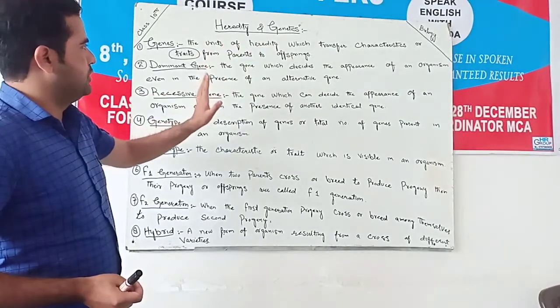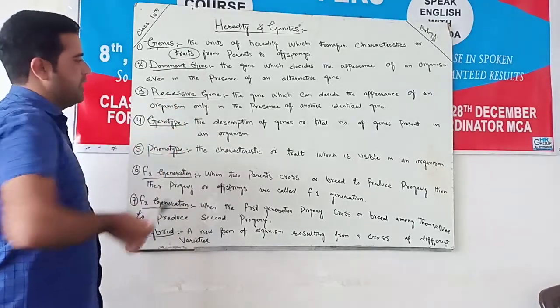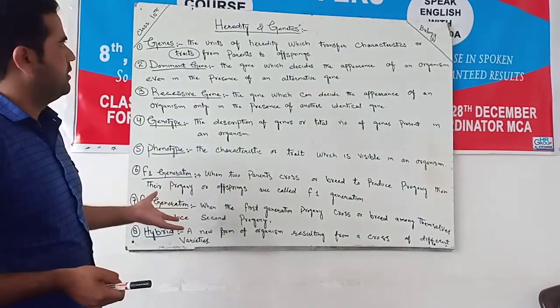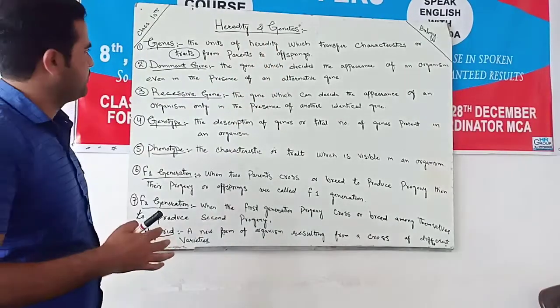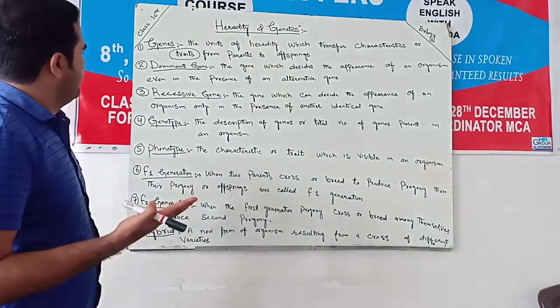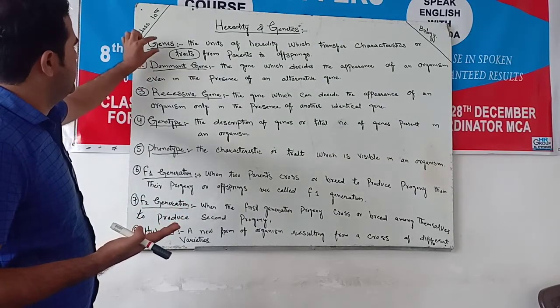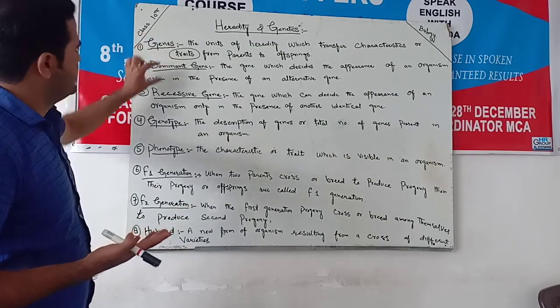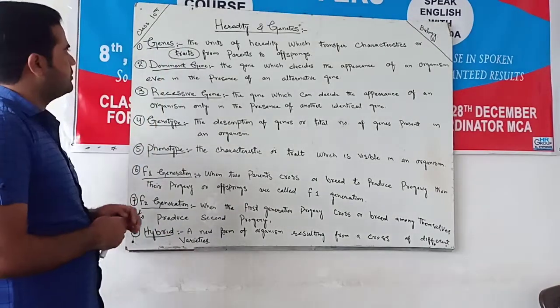As I have told you, these basic terms will help us in understanding the concepts of heredity and genetics. So today we will be discussing some other basic terms which are related to this chapter.